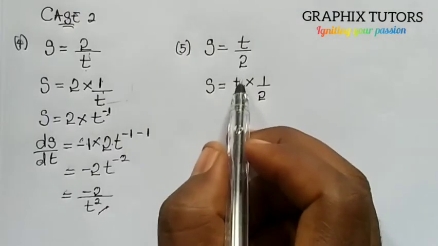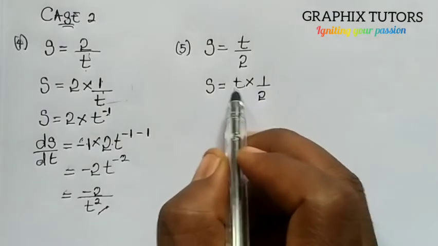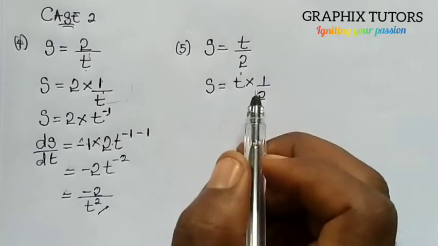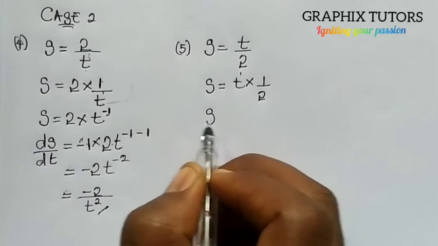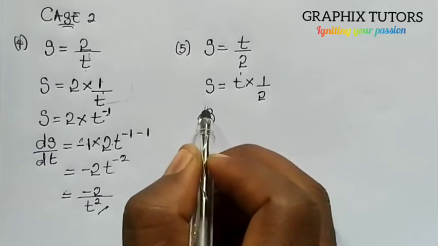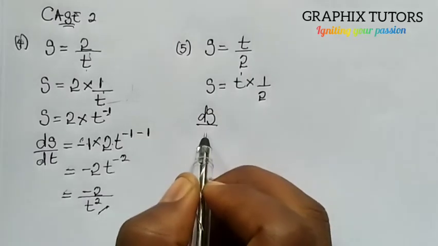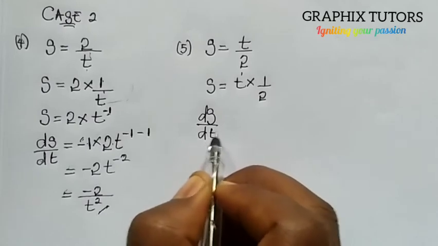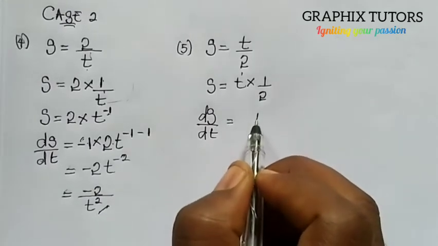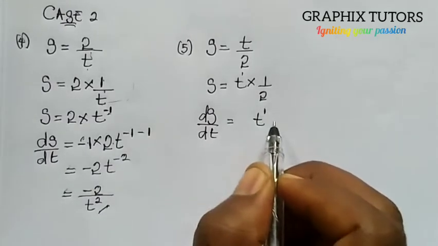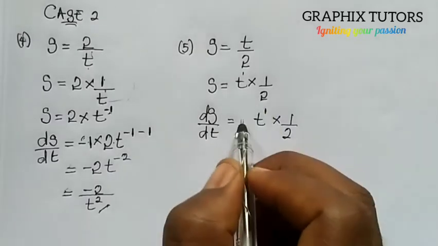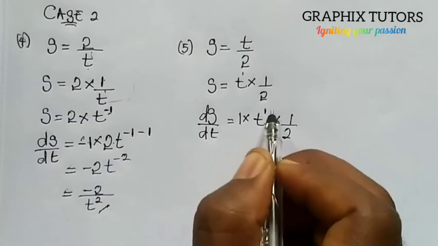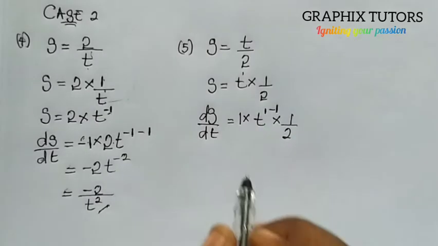Now, we're focusing on the variable. The variable is just there, but the power of the variable is 1. So I'm going to say that my dx all over dt will give me, I'll write it out, t raised to power 1 multiplied by 1 all over 2, right? So when the 1 comes down to multiply the t, I'll subtract 1 from the power.